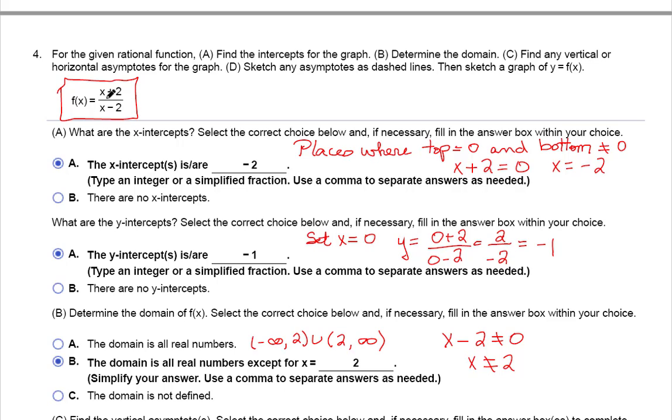It has a denominator, and so I don't want this denominator to be 0. Let's see, x minus 2 not 0, so I don't want x to be 2. So the domain is everything except 2, which would be minus infinity to 2, union 2 to infinity.